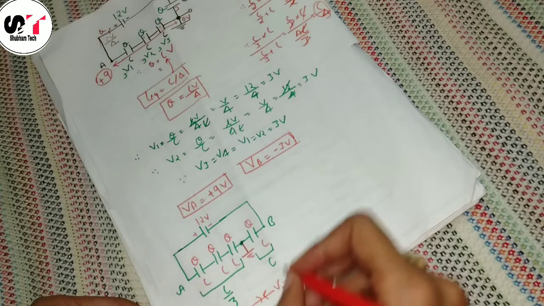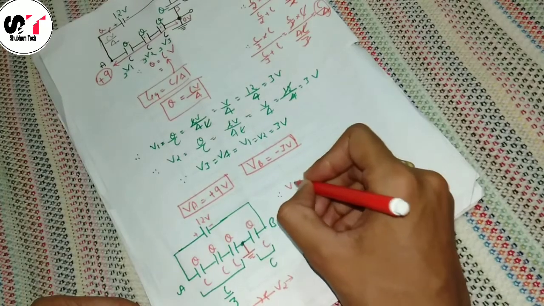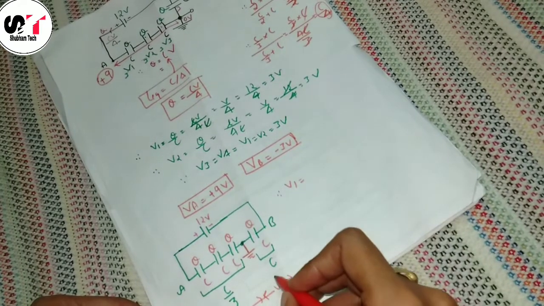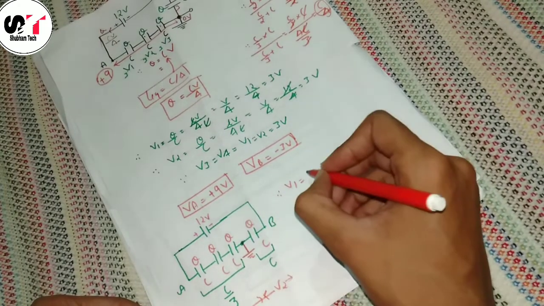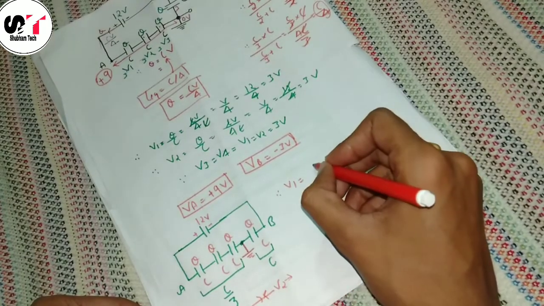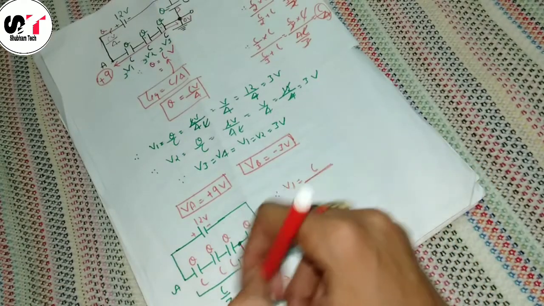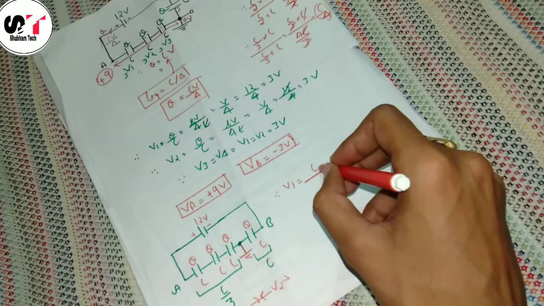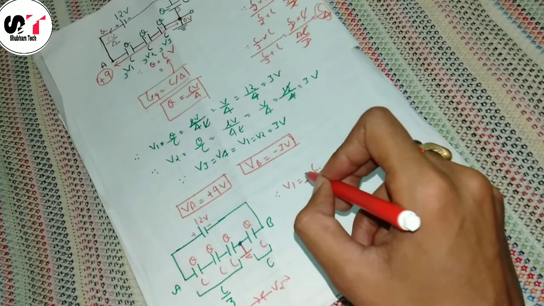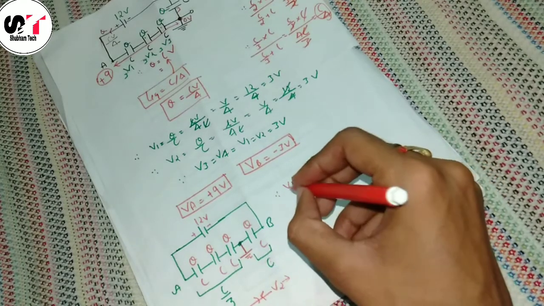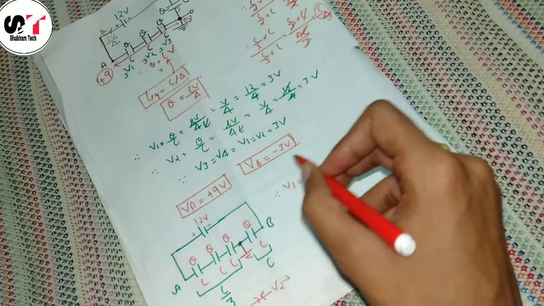So what is the value of V? Let's solve. V1 equal to C, but this is the case of capacitance, that's why I am taking C here. This is an important point to be noted here: voltage is distributed in the inverse ratio of capacitance.